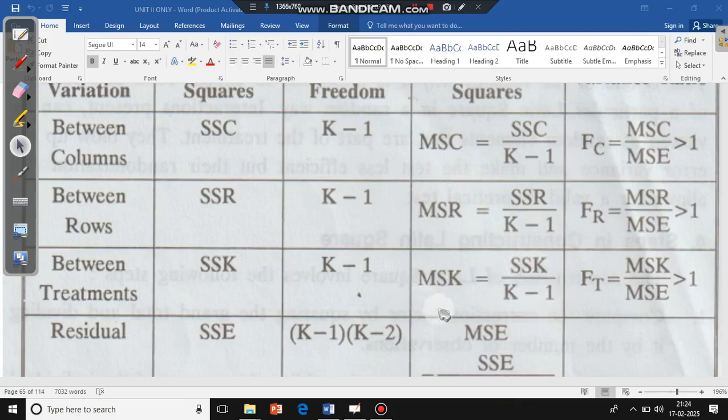That way we can calculate MSK. Here also we are comparing MSK with the MSE. If MSK is greater and MSE is lesser, we write like this, and the calculated value of treatment we write in this way. You will get one number that is called the calculated value of treatment.